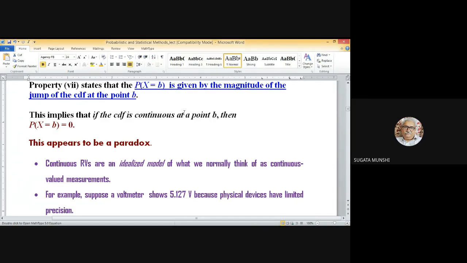Or I should mention this, or it may so happen that the random variable is a mixed random variable, a sum of a discrete random variable and a continuous random variable. And the CDF is continuous at point B means that that region corresponds to the continuous random variable. That can also happen.